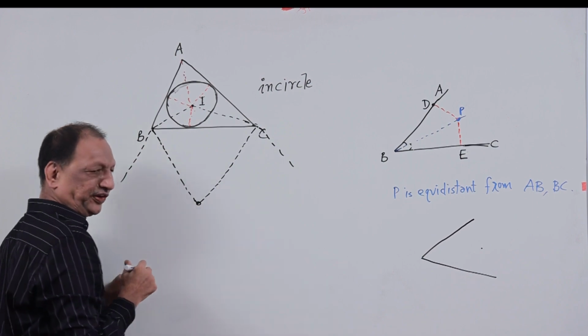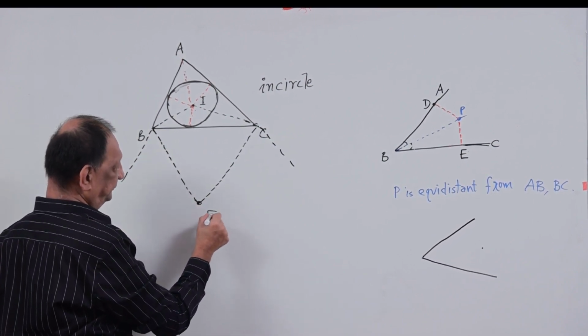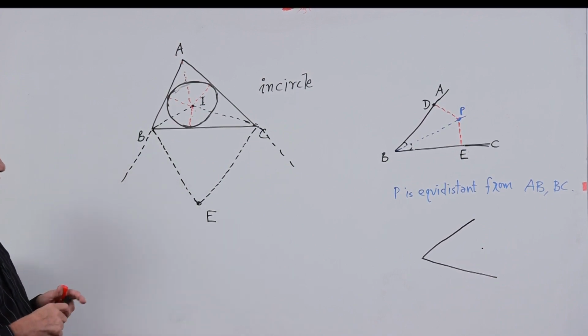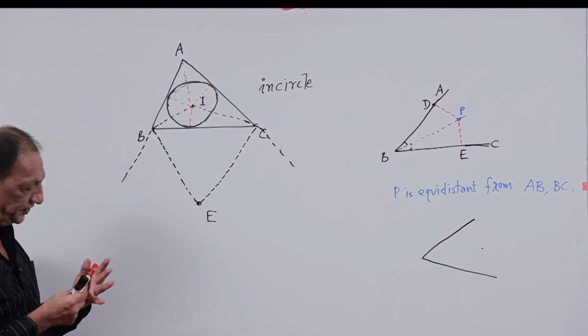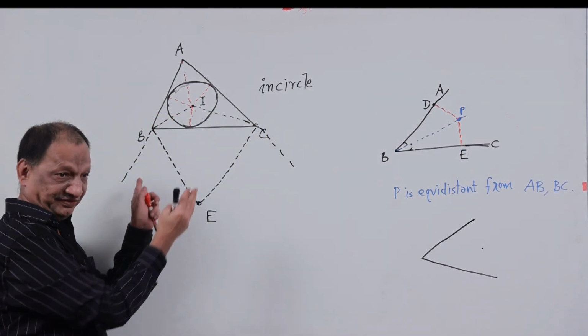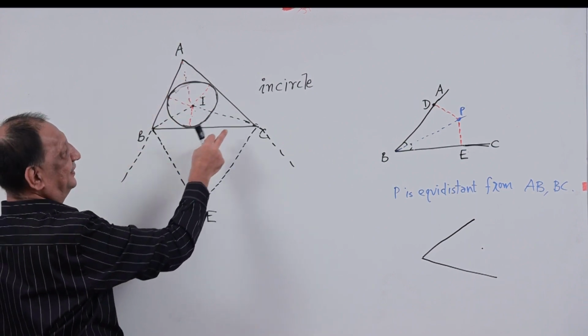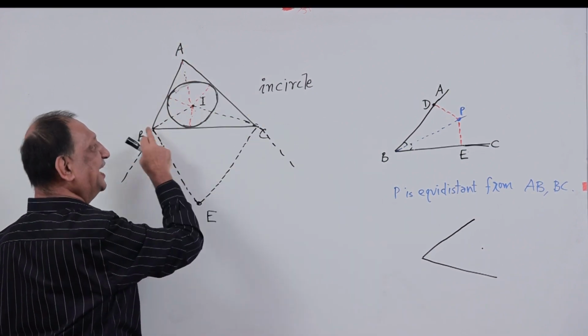And they intersect at a point. I'll call it E. Now this point E, which is the intersection of the bisectors of the external angles of B and C, is equidistant from AB and AC and BC again.